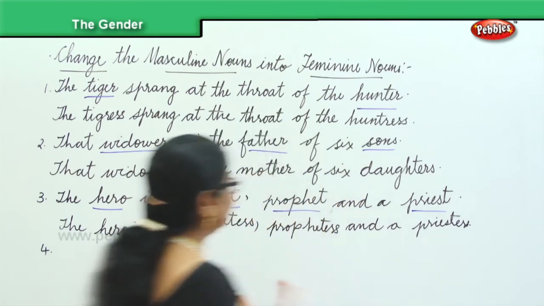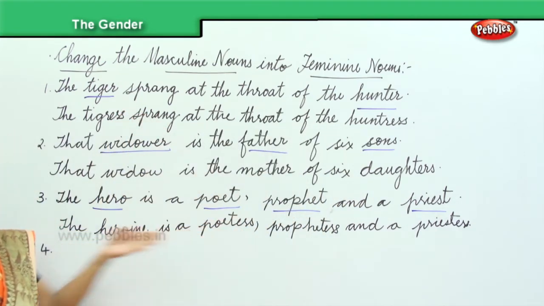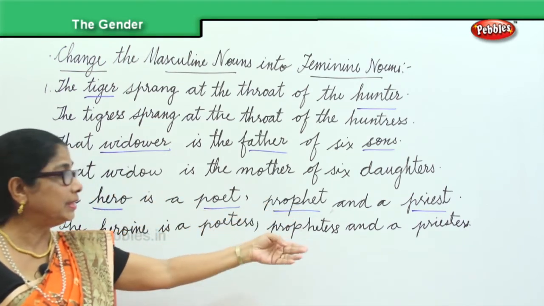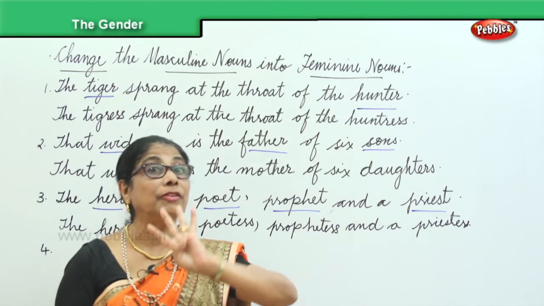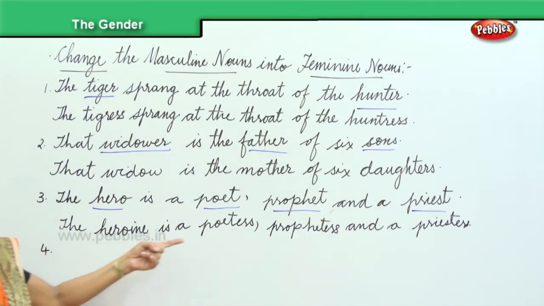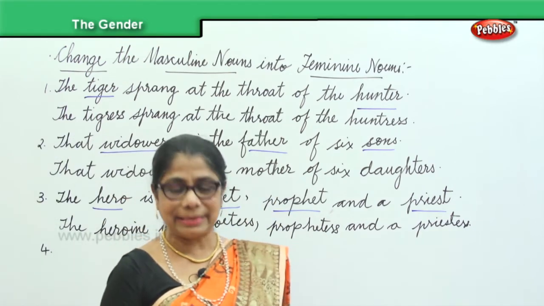So at 1, 2, 3, 4, masculine, we are changing into feminine here. The hero is a poet, prophet, and a priest. We have 4 words to change. So you say the heroine is a poetess, prophetess, and a priestess.